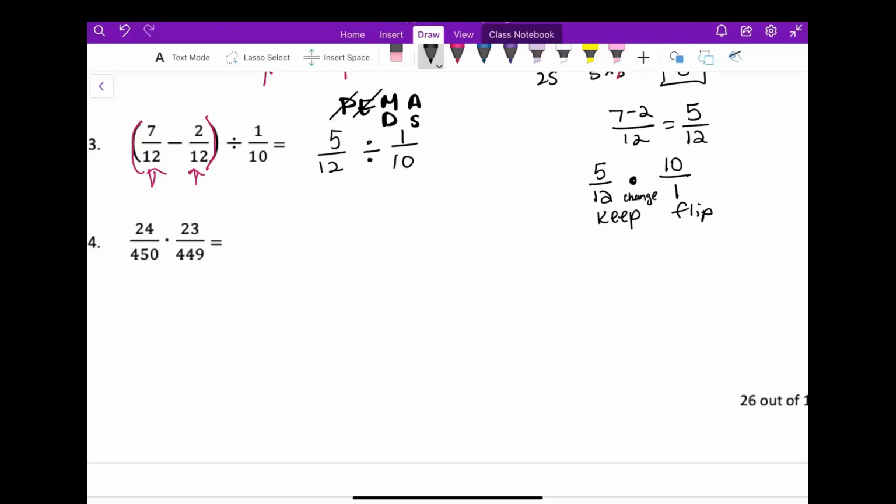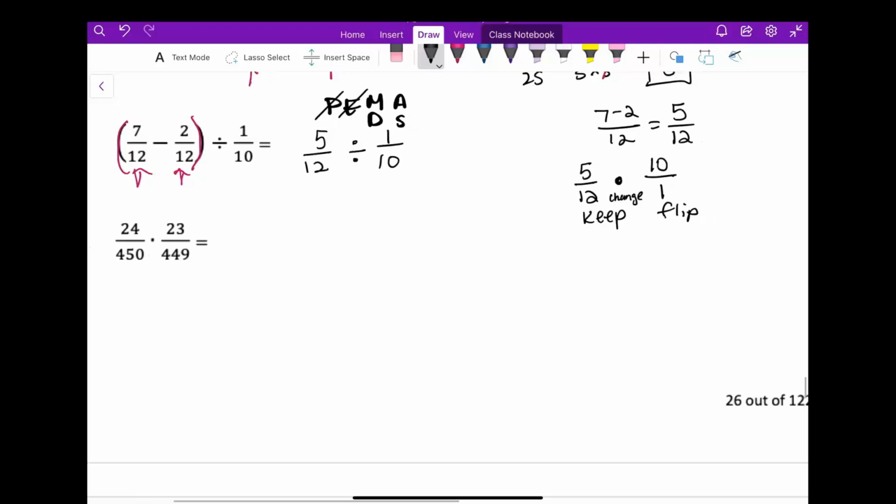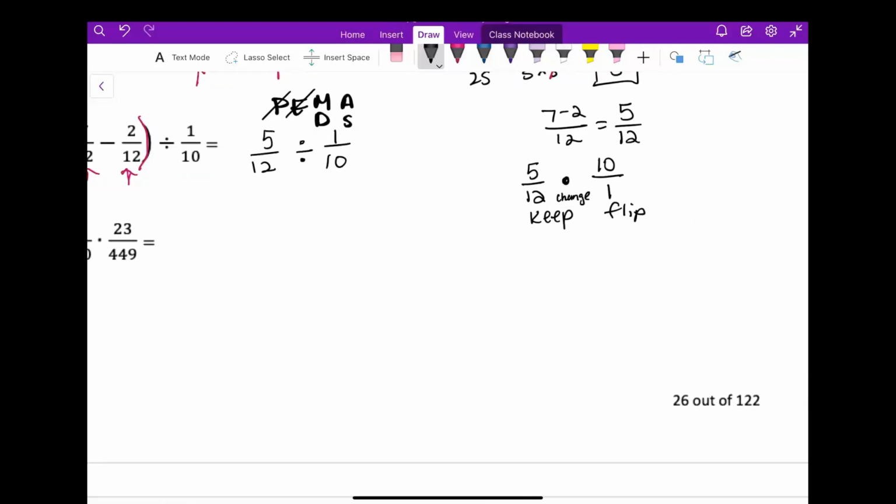So we have 5 12s times 10 over 1. And you have practiced multiplication before, so we're going to multiply numerator with numerator, denominator with denominator. 5 times 10 is 50, and 12 times 1 is 12. So we have 50 over 12.